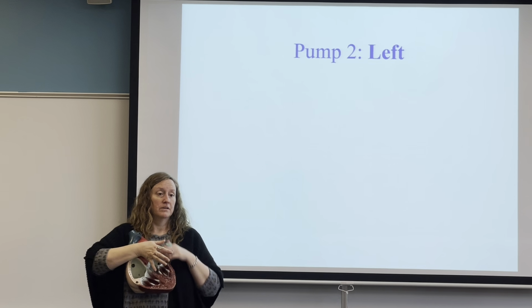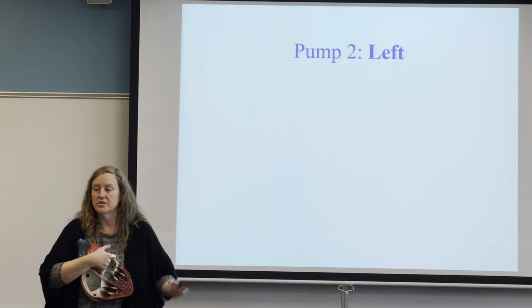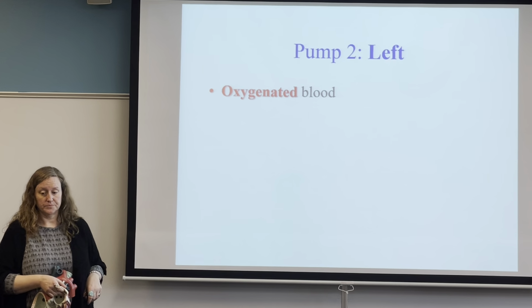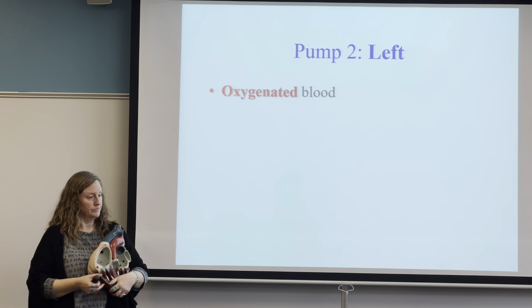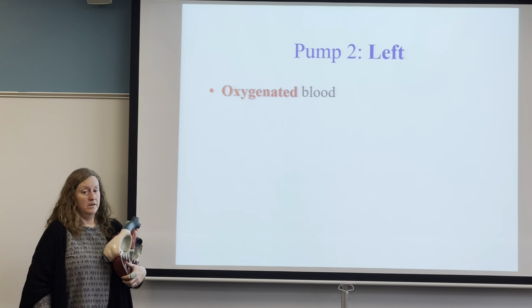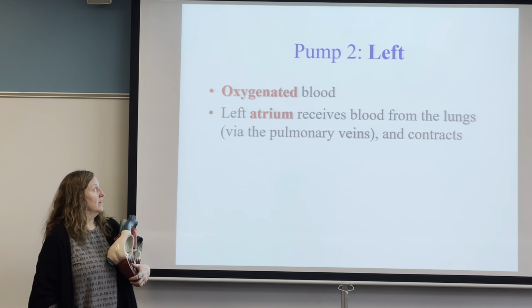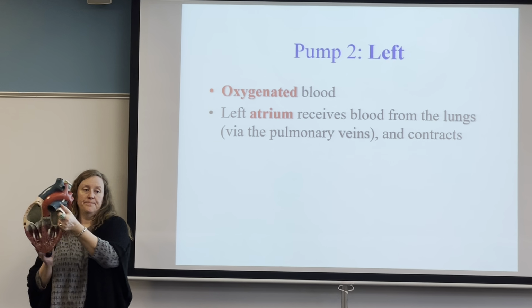So now we're on the left side of the heart. Remember that the left pump is going to carry oxygenated blood. The blood's coming from the lungs. Goes into the left atria.